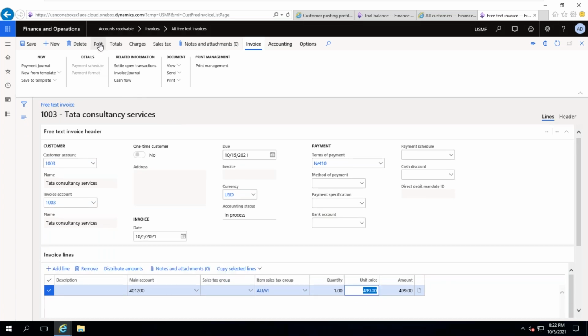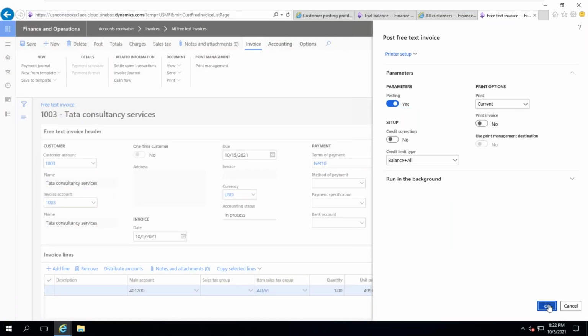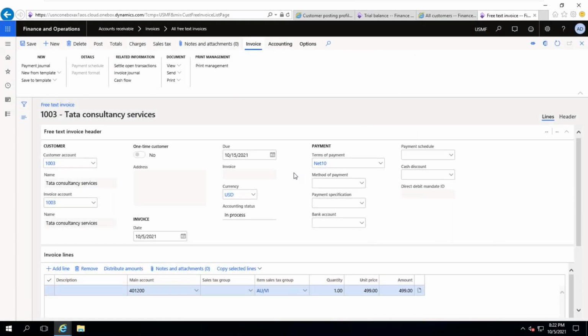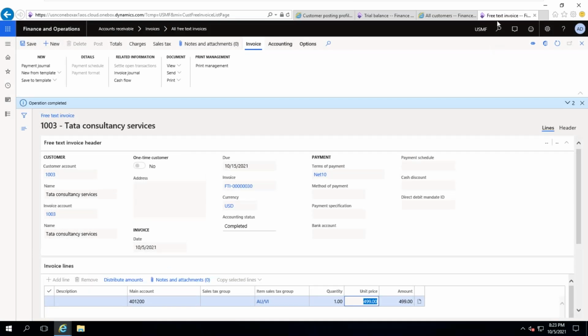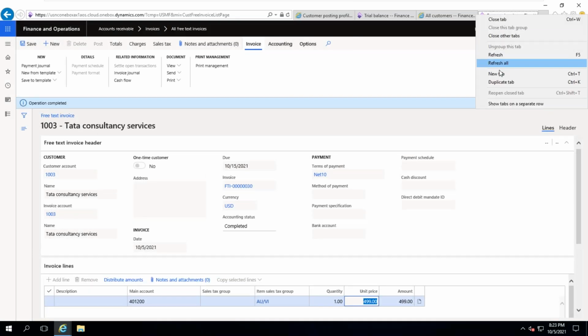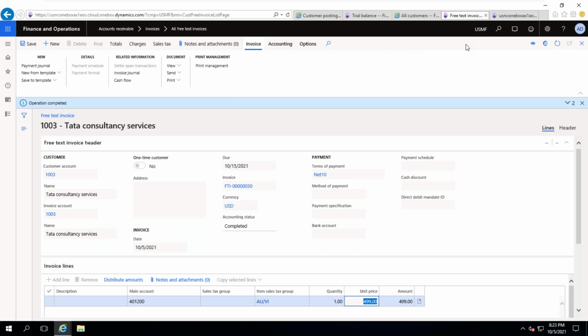I'm posting now. Let me take a duplicate, because the voucher is not affected immediately.